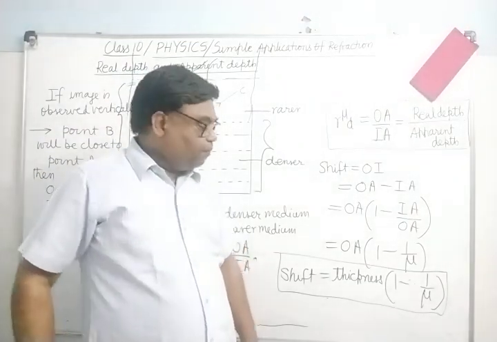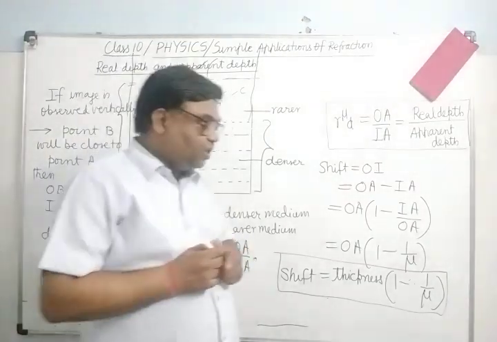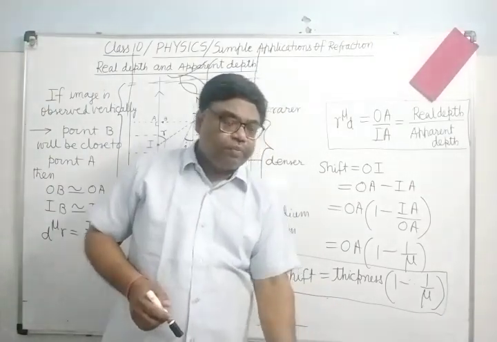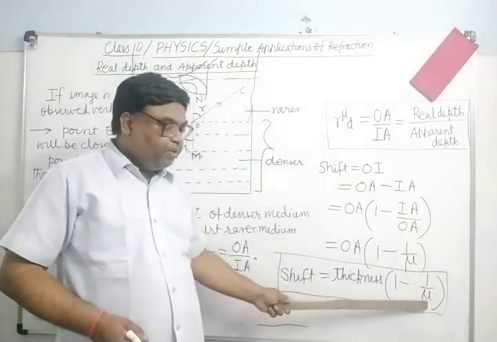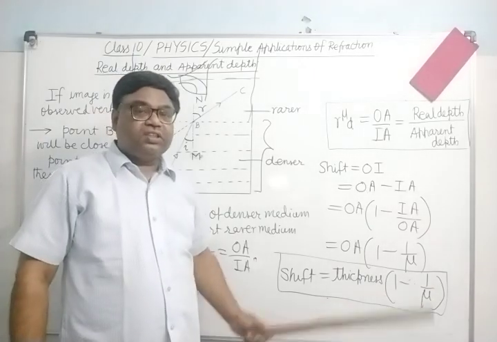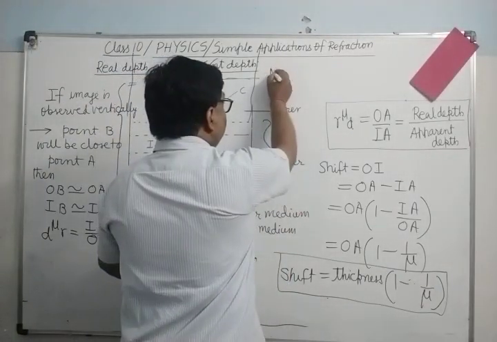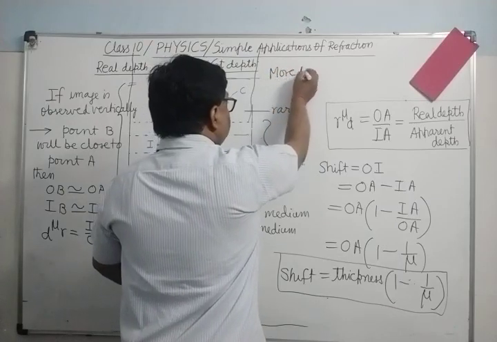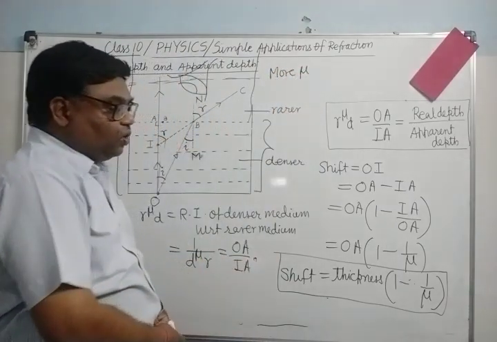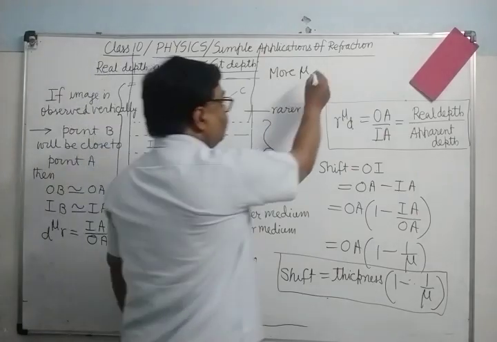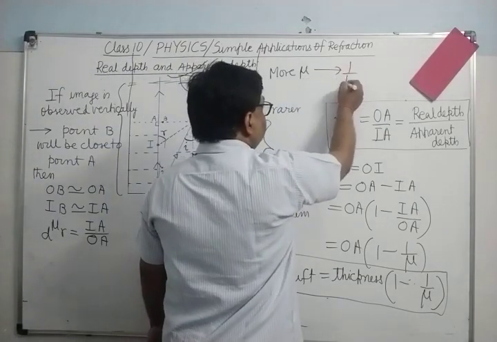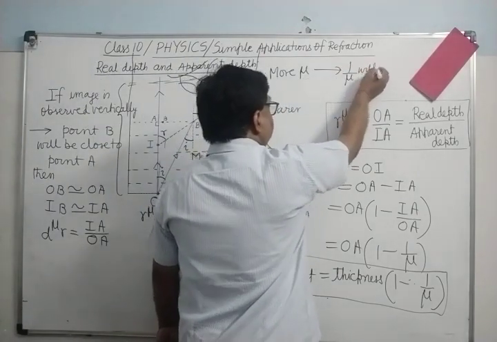Number 2, it depends upon the refractive index. Now see here, how it depends upon the refractive index mu. If the refractive index is more, more mu, you can see when the value of mu is more, then 1 upon mu will be less.